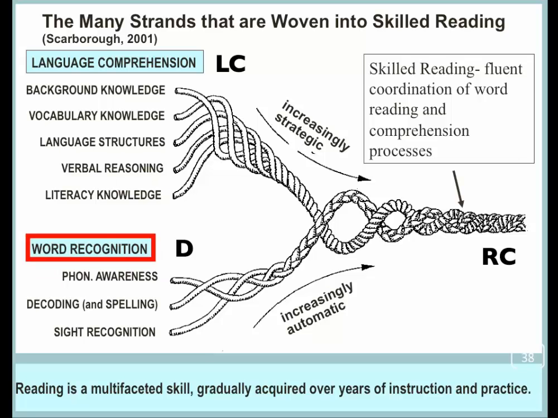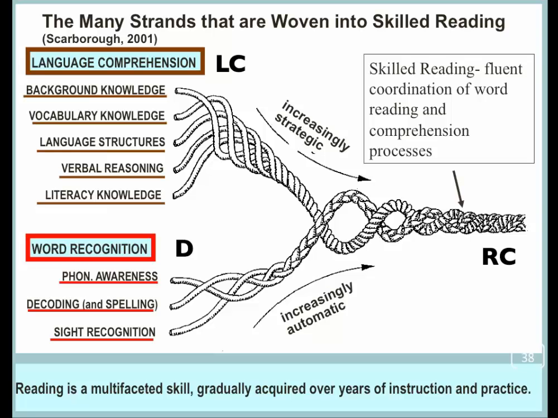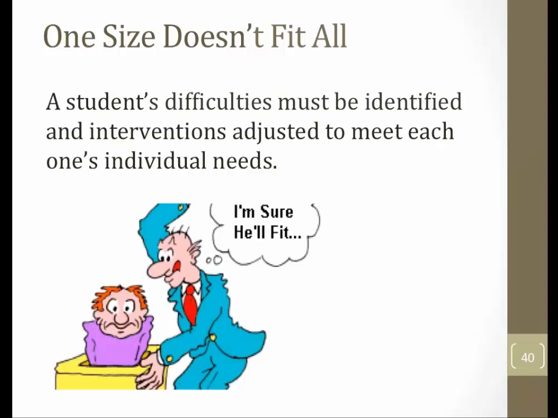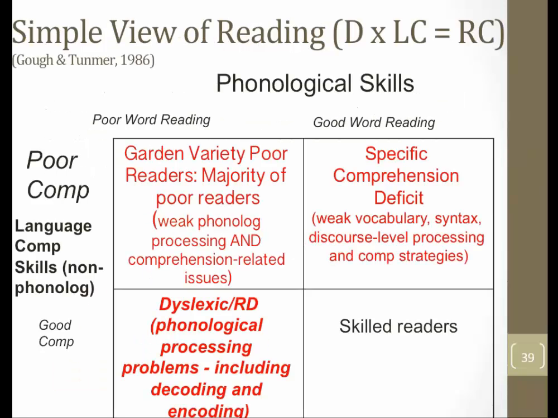2 researchers, Gough and Tunmer, proposed the idea that reading comprehension is the product of those 2 components that I just described. So on the rope, I inserted LC for language comprehension and D for decoding. And it's the product of the 2, because if you are a great decoder but your language comprehension is poor, your reading comprehension will be impacted.